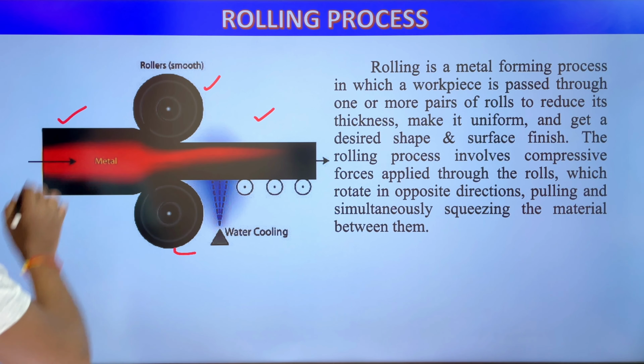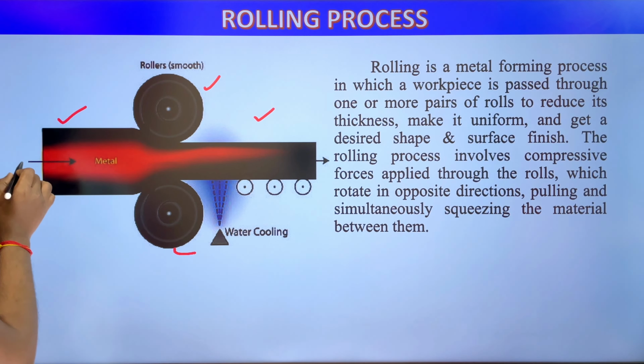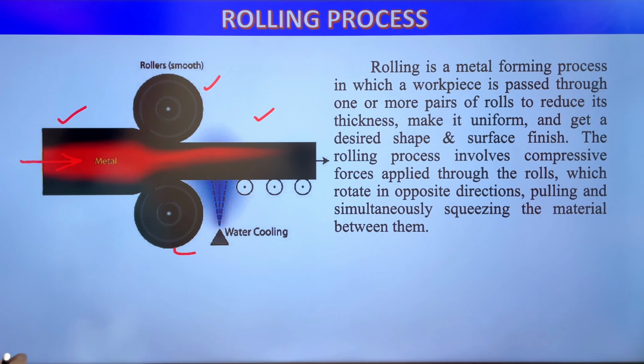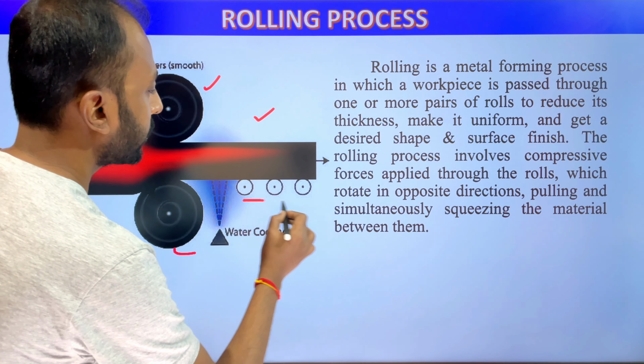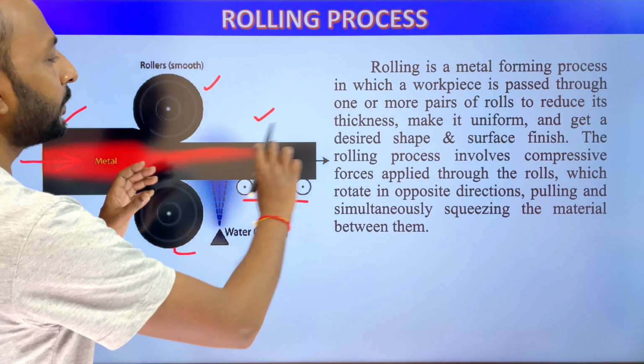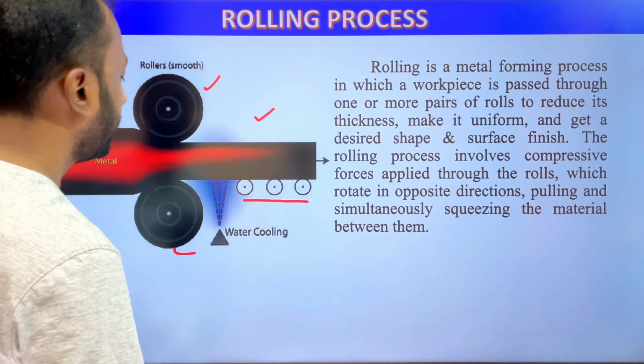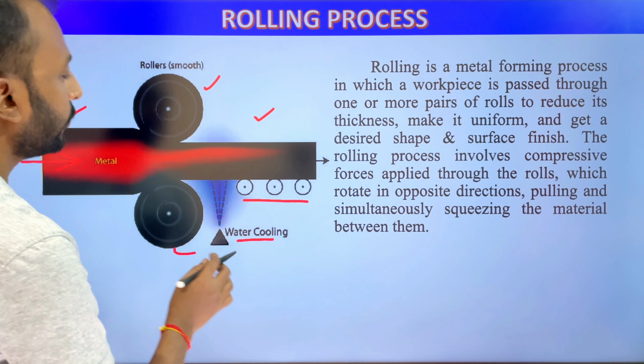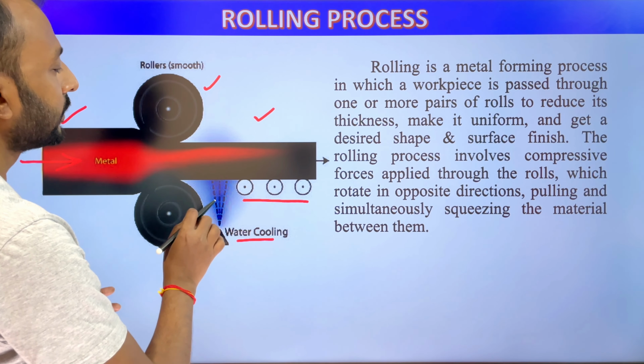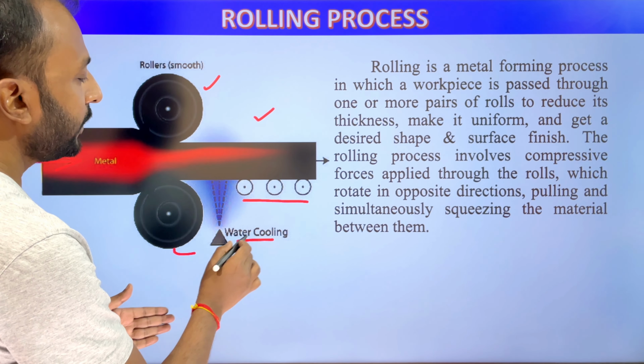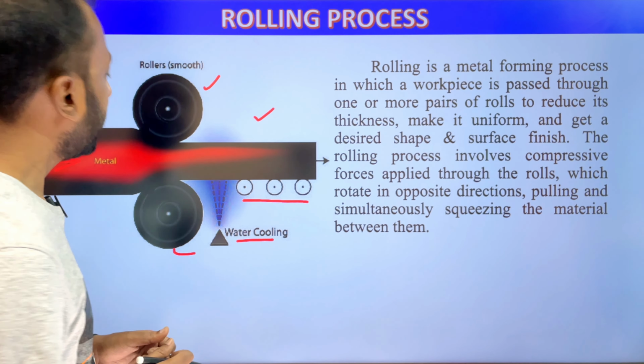This is hot metal which is fed through this direction. These are three rollers which help this material to flow straight, and this is a water jet which cools the heated metal to normal temperature. It may be water cooling or air cooling.